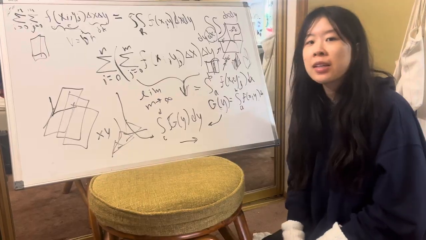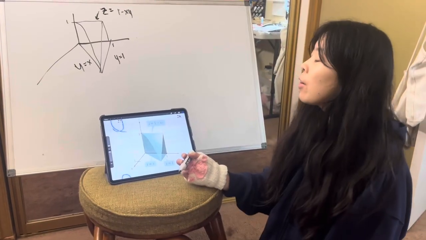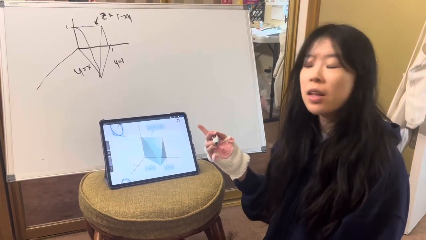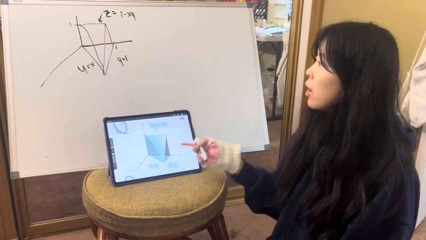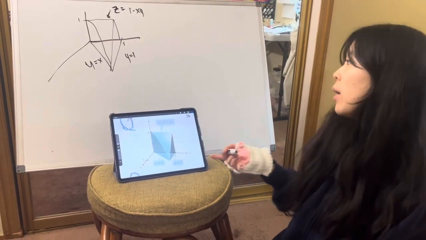And now we'll go into an example. Now we're going to try an example, which is 27 in the book. You can see the shape here. I also drew it here, but this one's a little better.